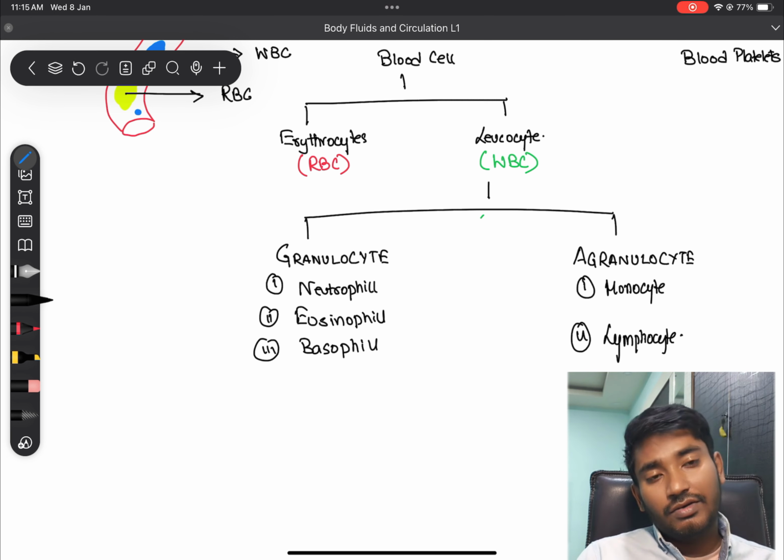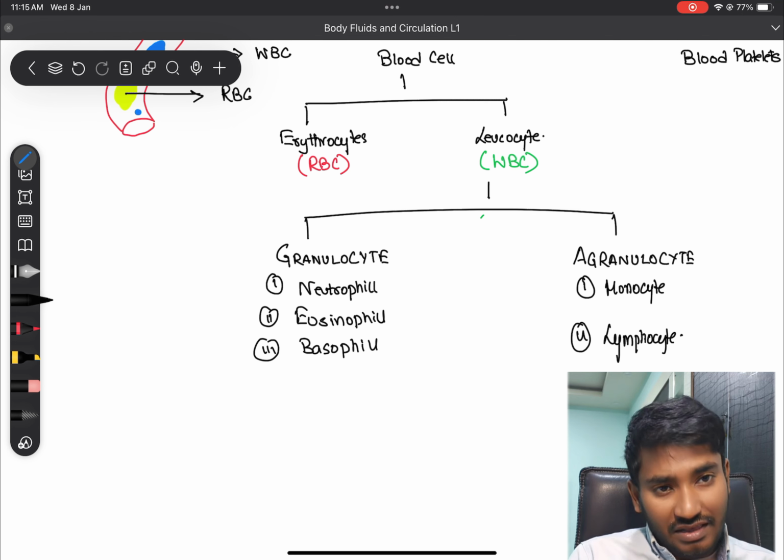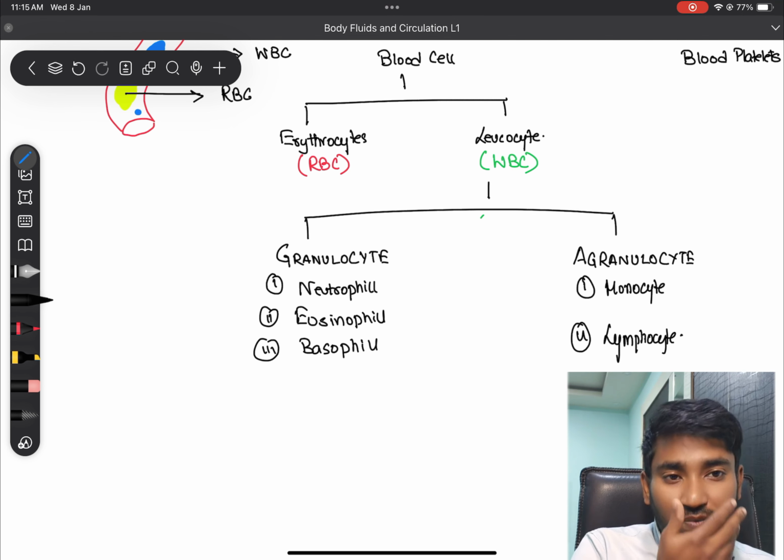Why are those called granulocytes? Because some granules are found in neutrophil, basophil and eosinophil.